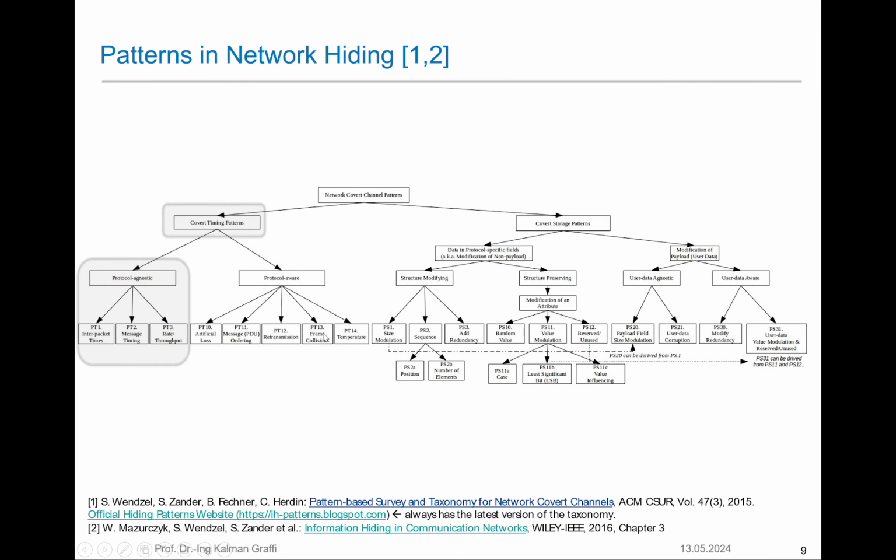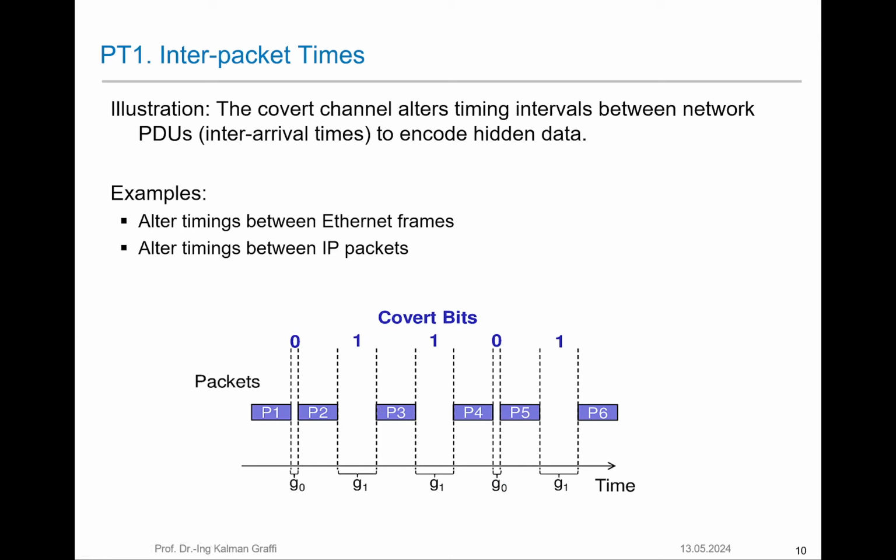So let's start with the protocol agnostic time patterns. Step number 1, let's modify the inter-packet times. Examples are, let's say, 1 millisecond and 5 milliseconds that you have between the packets. If you have a short inter-packet time, that's a 0.